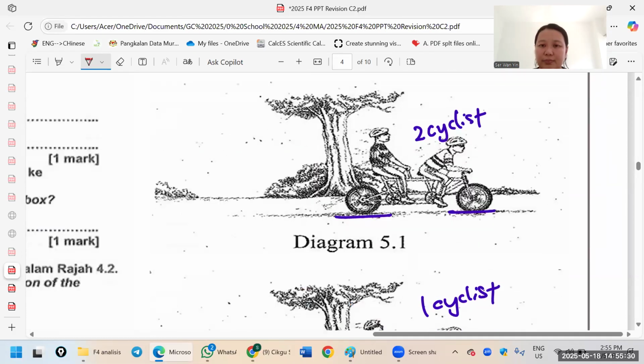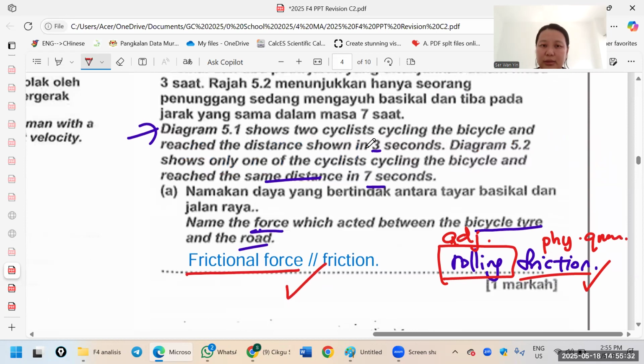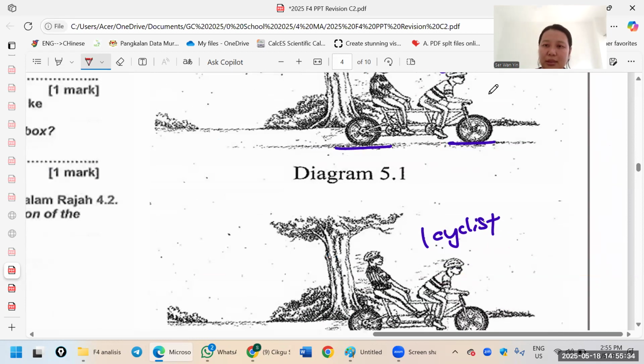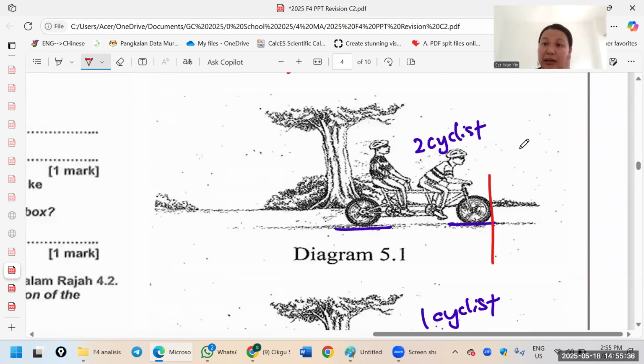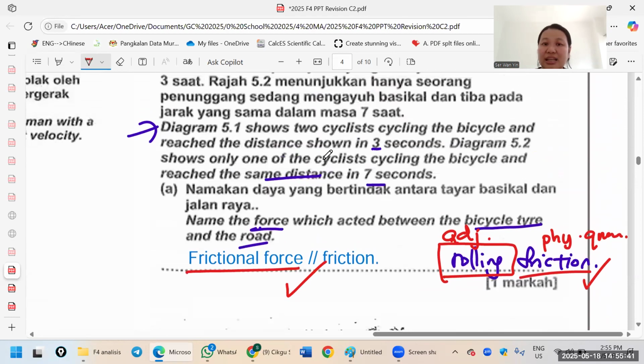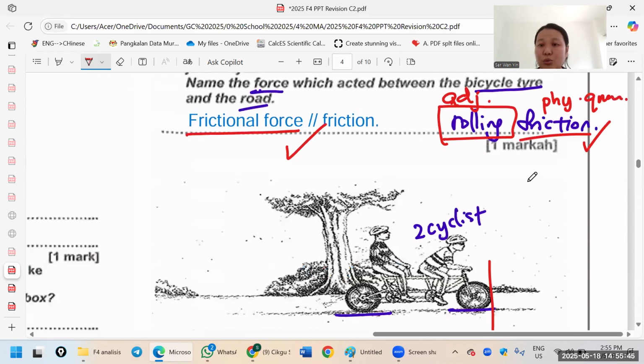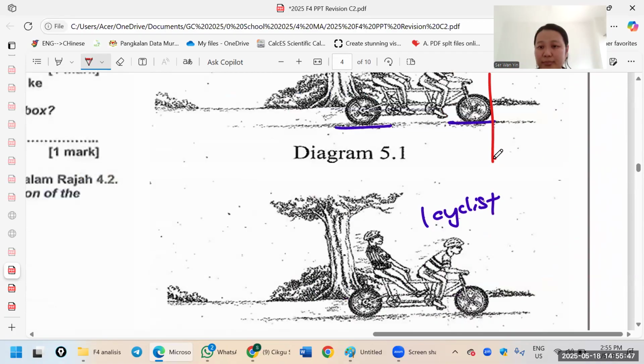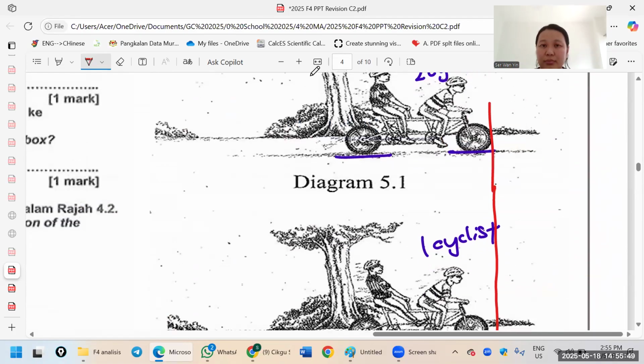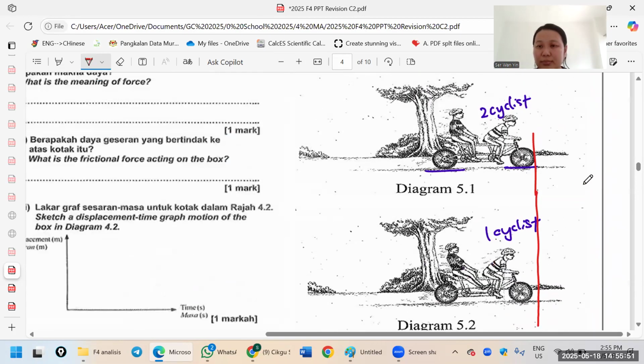All right, thanks. Oh, now this one reach same distance in 3 seconds. I encourage you all, please translate the information from the sentence to the diagram. This one something wrong. Should be same.